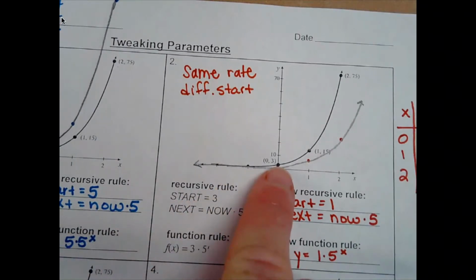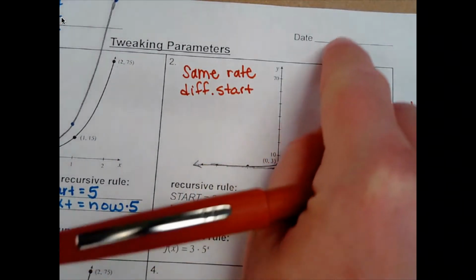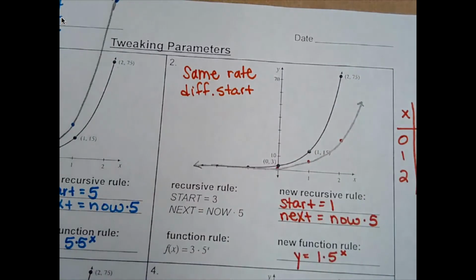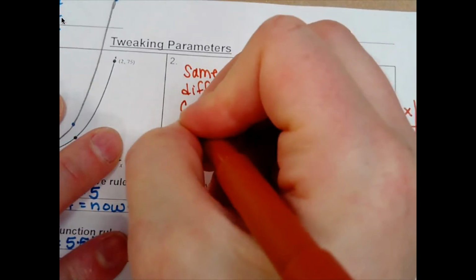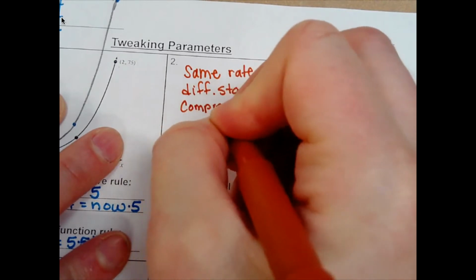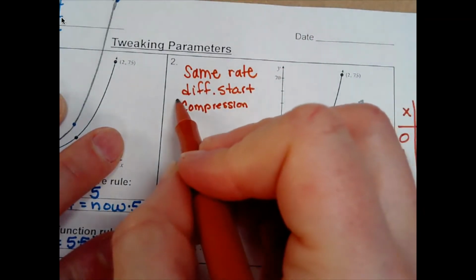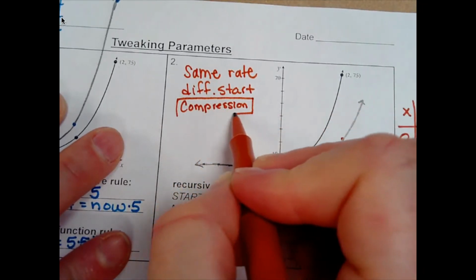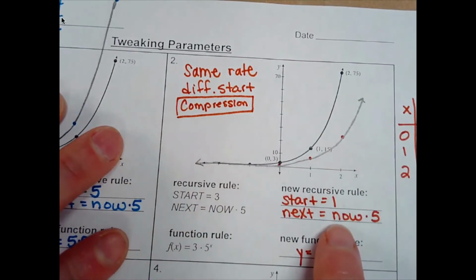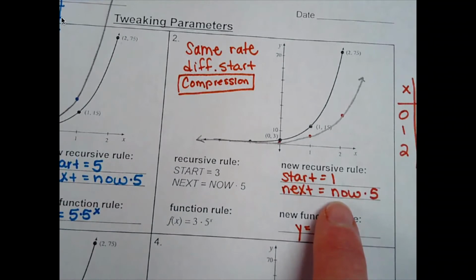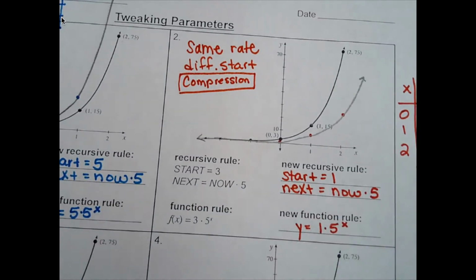This one isn't stretched out. This one's actually compressed. It's kind of pushed down to make it a little bit flatter. So we're going to call this a compression. Even though they have the same rate, because you're multiplying a smaller number.